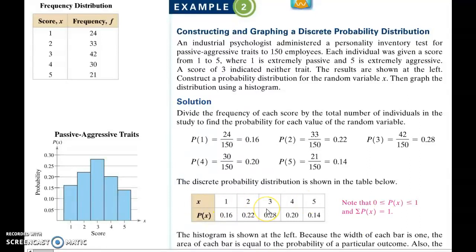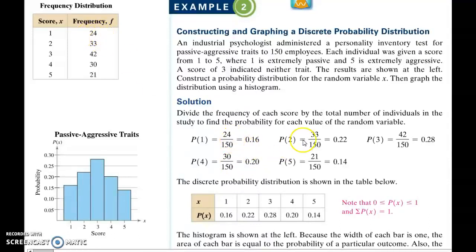And you can create something like this using what we know about frequency distribution. So if you look up here, we have a frequency distribution, the 5 different possibilities someone can score on this scale 1 to 5, and then the frequency of each of those outcomes. If you add these up, there's 150 people total, and you just divide each frequency by 150.